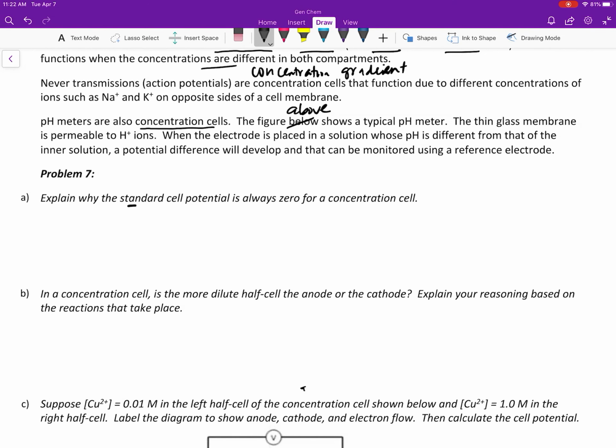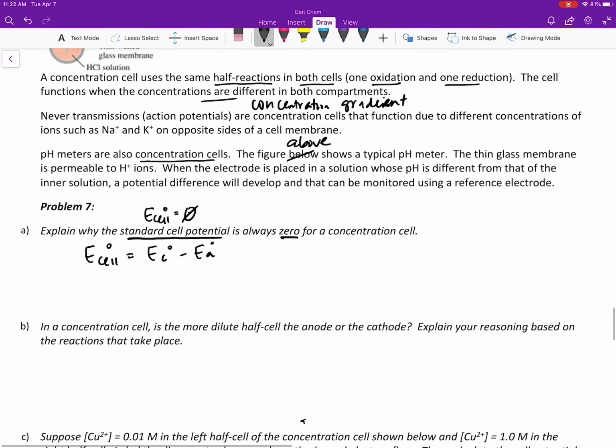So explain why the standard cell potential is always 0 for a concentration cell, meaning why is this value 0? And the reason why is, say that we have E cell naught is cathode minus anode. Well, if we remember back to the definition, it uses the same half cell reactions in both the cathode and the anode. So say, for instance, that it relied on this iron reaction.